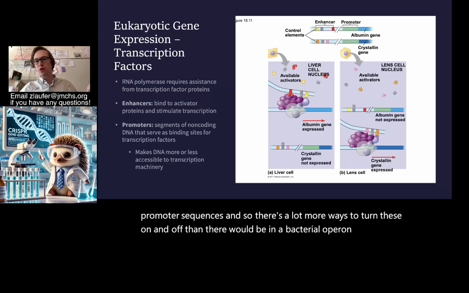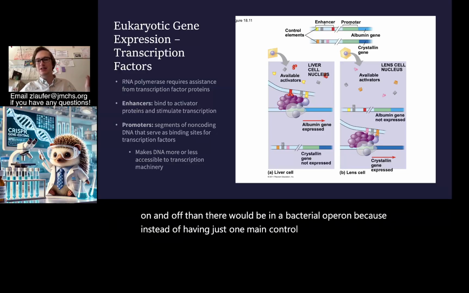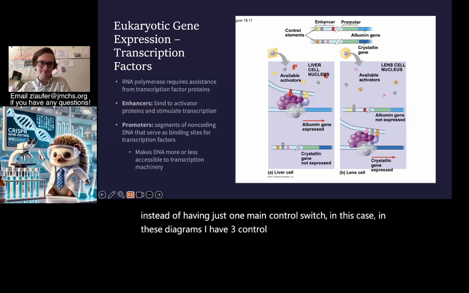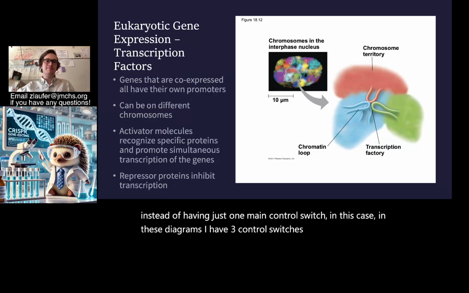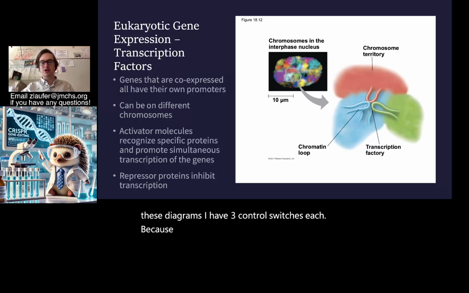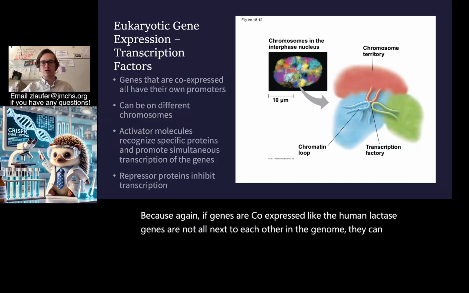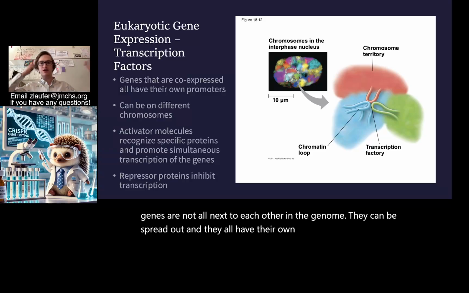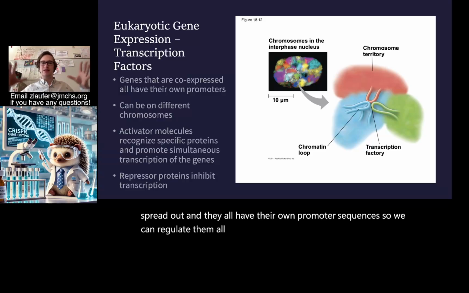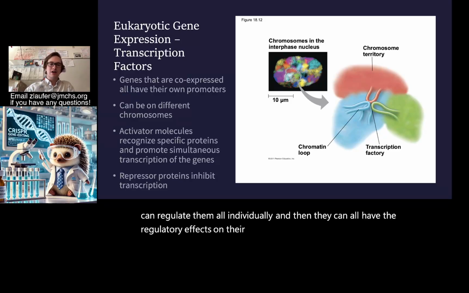Because instead of having just one main control switch, in these diagrams I have 3 control switches each. Because, again, if genes are co-expressed, like the human lactase genes, they are not all next to each other in the genome. They can be spread out, and they all have their own promoter sequences, so we can regulate them all individually. And then they can all have their regulatory effects on their genes.